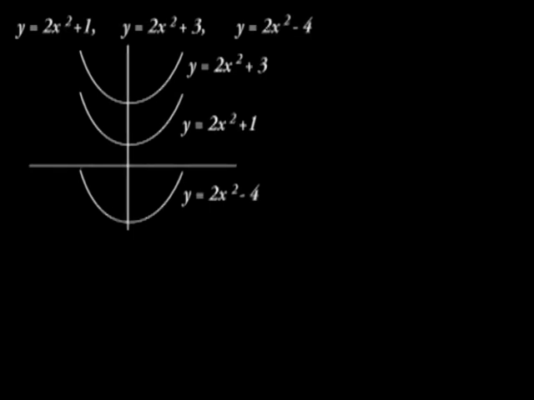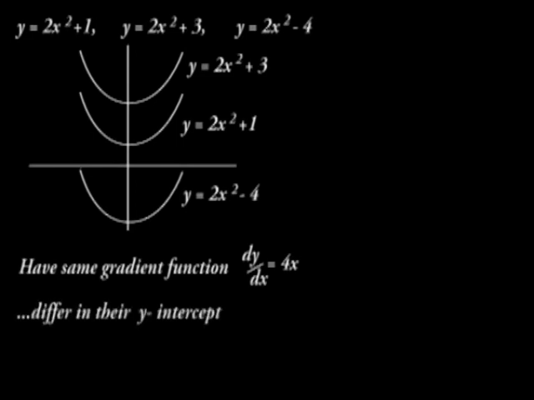These curves have the same gradient function, dy over dx equal to 4x. They form a group of curves with the same gradient function and only differ in their y-intercept. The curves have a general equation of y is equal to 2x squared plus c, where c is a constant.